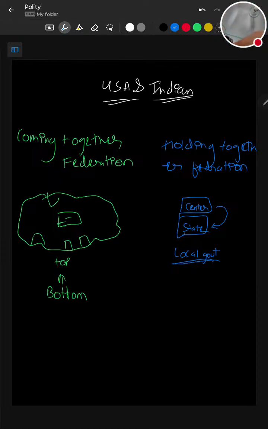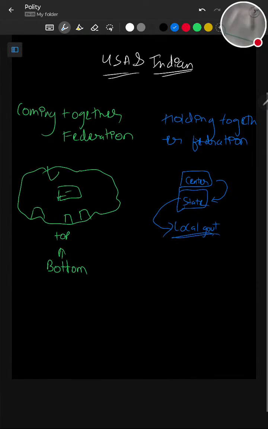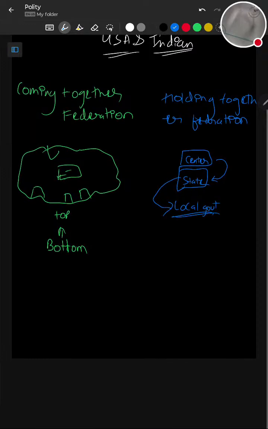Then the state, on a particular matter, can change the decision and alter the law if needed. Then the local government is there. Yeah, that's the basic difference.